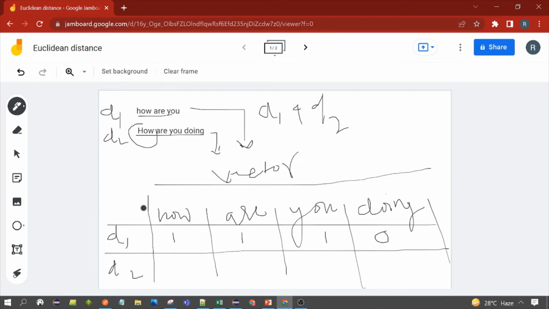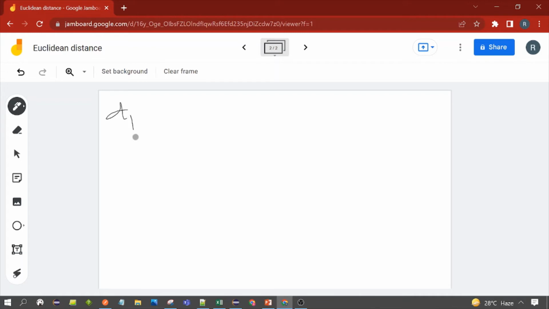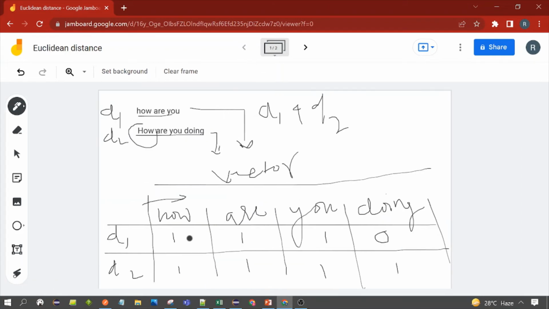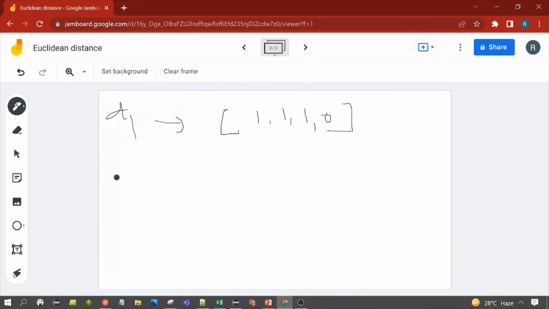Let's see if it is present in this collection. How, yes. Are, yes. You, yes. Doing, yes. So the vector representation of D1 document is 1, 1, 1, 0. And for D2, the vector representation is all 1s.